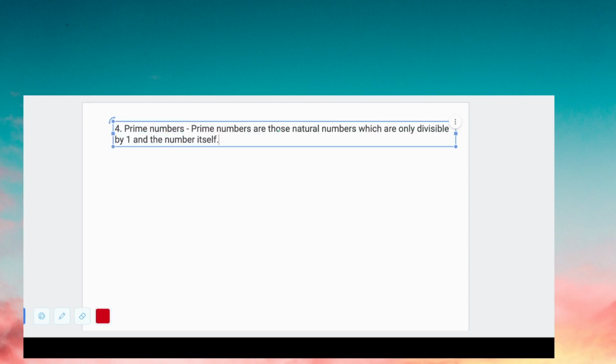So what is the fourth one? Prime numbers. A prime number is a whole number greater than 1 that is divisible only by 1 and itself. What exactly are prime numbers? For example, divisible is nothing but division.